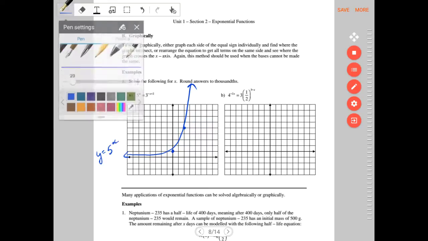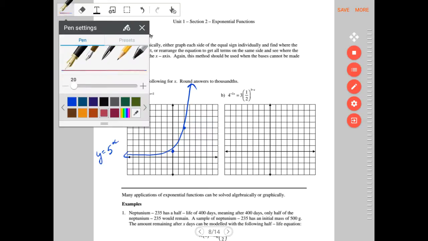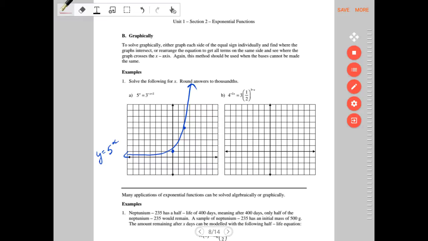I'll change my pen color here to graph the other one. So 3 to the negative x plus 2. That's going to go through, let's see, 1, 2, 3, 4, up 1, goes through there, and that goes through there, and that goes through here.